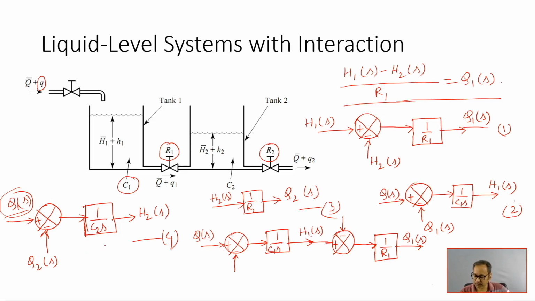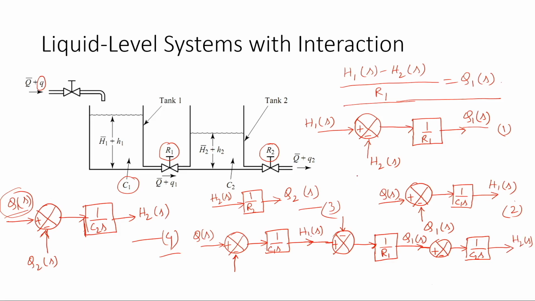This Q1S is here, Q1S. So, now pick up this equation 4. So, Q1S is going to this plus minus, then output is 1 by C2S, then this is your H2S.